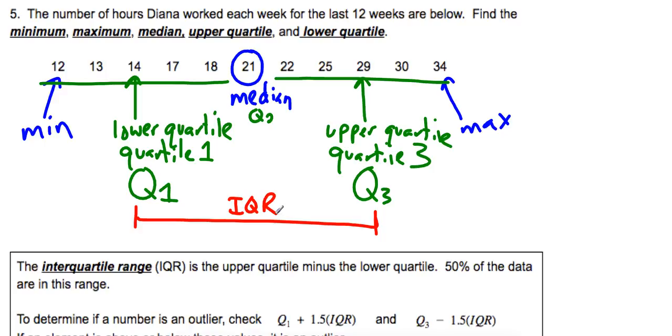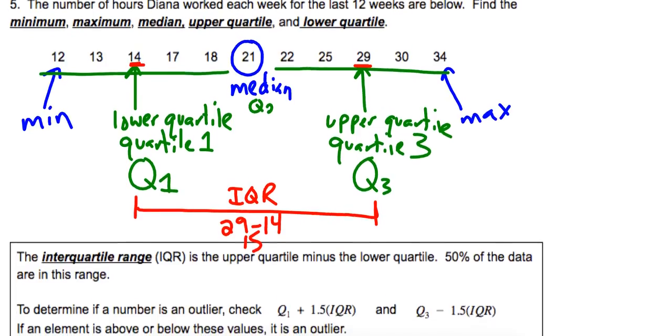We can calculate it: if your quartile 3 is 29 and your quartile 1 is 14, you just subtract those, and on this problem the interquartile range is 15. So we can use all that information.